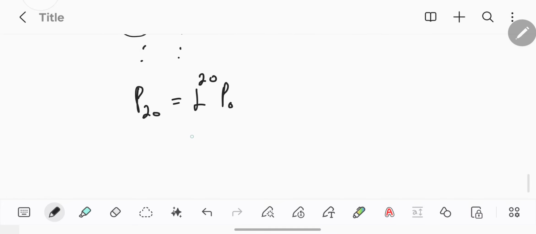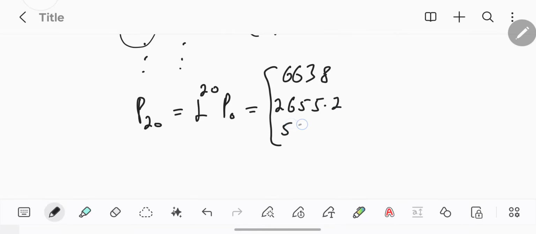My aim is not to do these calculations. If I do these calculations using any software, the answer of P20 will be 6638, 26552, 531.